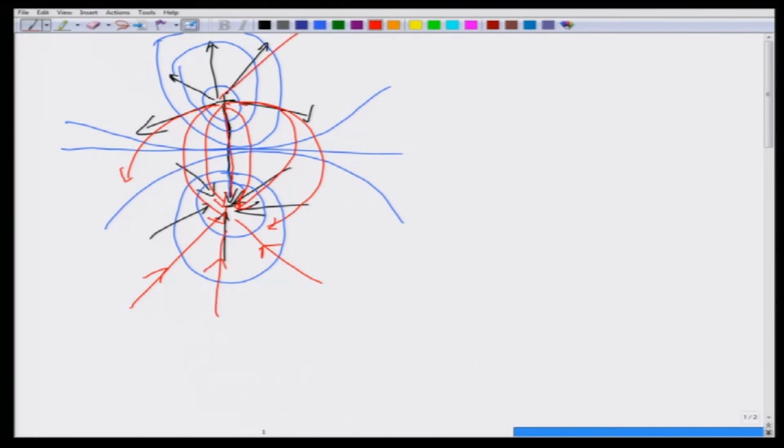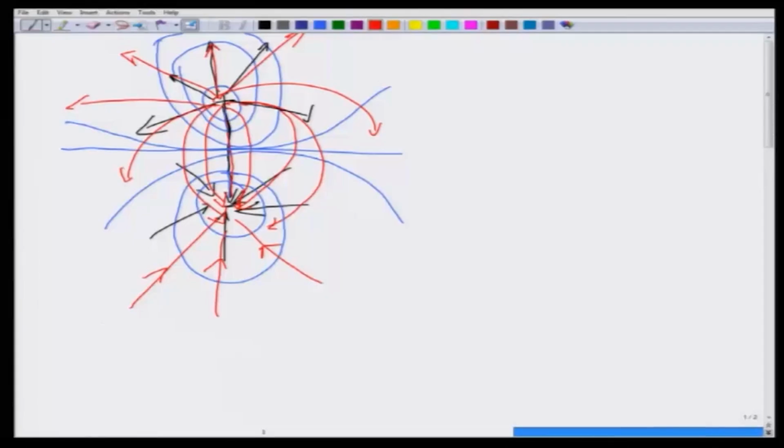Outside, the field lines are still radially directed away, and then they start to bend towards this one. We will actually derive the electric field, and I will give you a MATLAB way of finding or sketching this particular electric field sometime later.